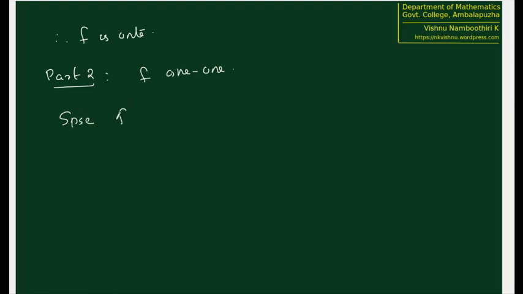Suppose f of n1 equals f of n2 for some n1, n2 natural numbers. Then either both these numbers are non-negative or both these numbers are negative.